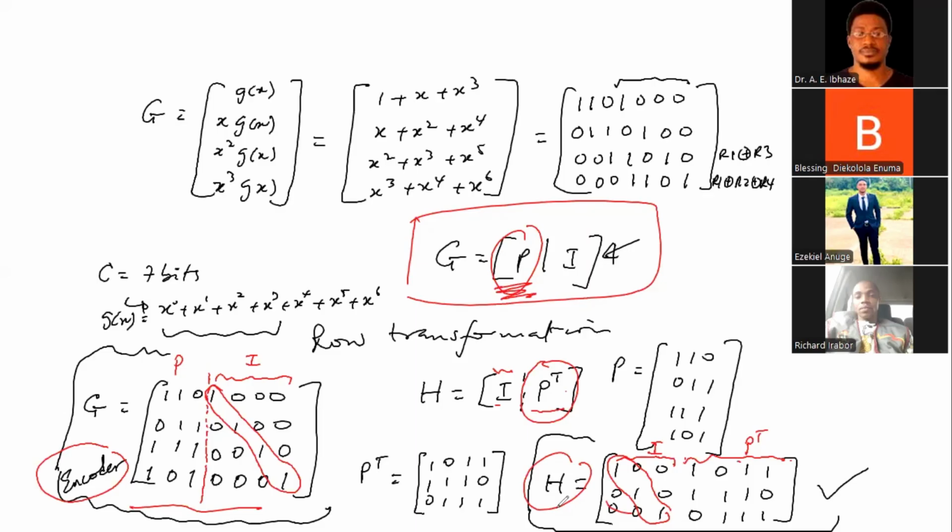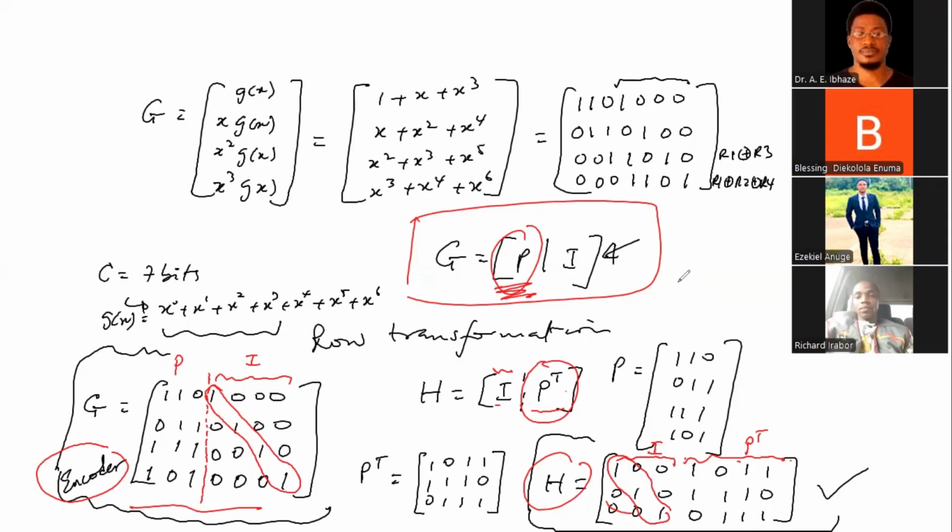Okay, so how do we now generate the code word? Because the next line of action here is to generate the code word, right? So how do we come up with the code word in this case? So we need to develop the system of equations.